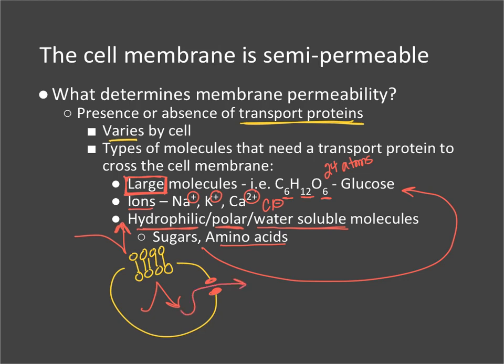And remember that there is specificity. These transport proteins are specific as to what they can transport. So something that can transport glucose is not also going to be able to transport sodium. Sodium needs its own transport protein in order to get across the cell membrane.